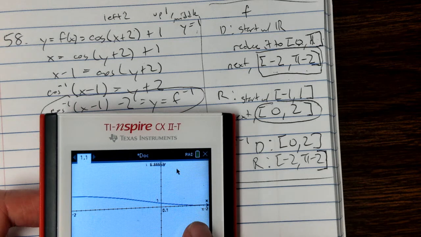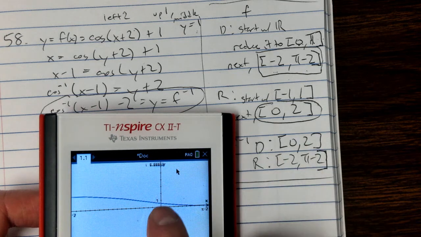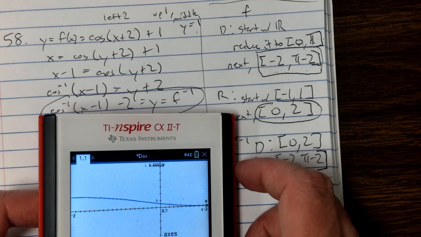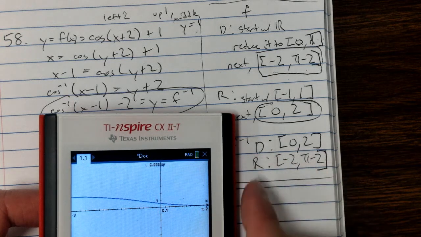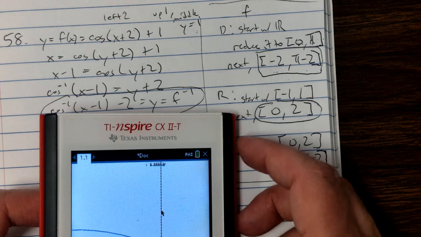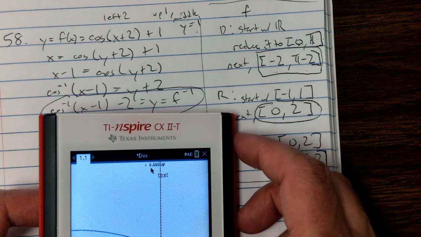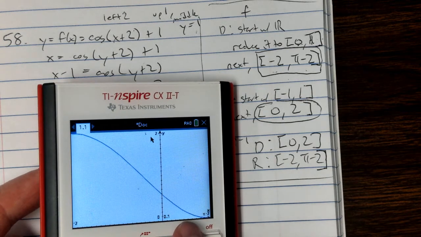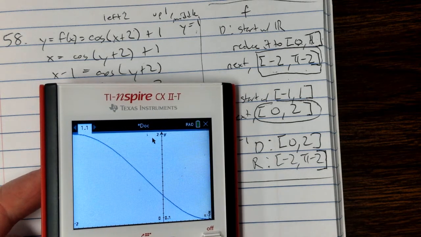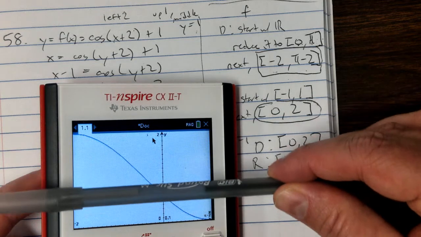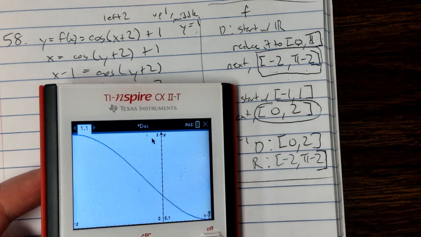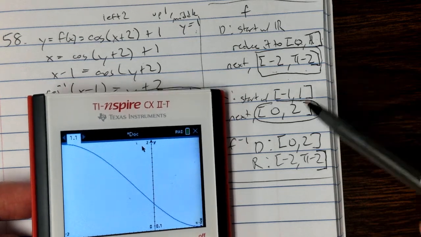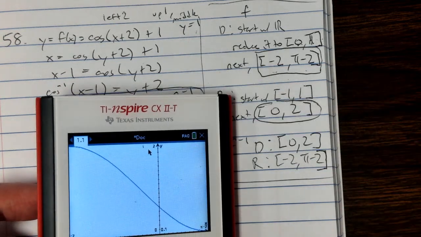Okay, so there's that part, and then our range was from 0 to 2. Okay, so this passes our horizontal line test because none of the places hit in more than one spot. So that's our good graphing window for the function.